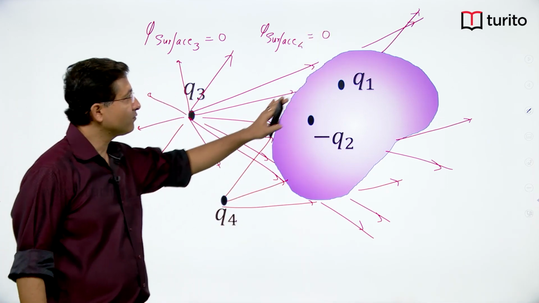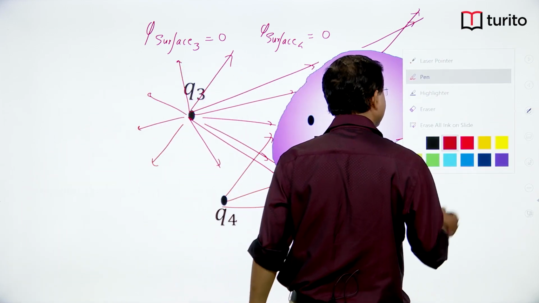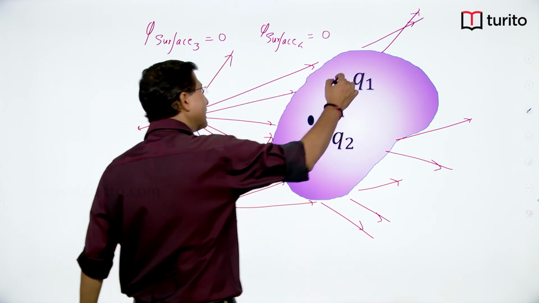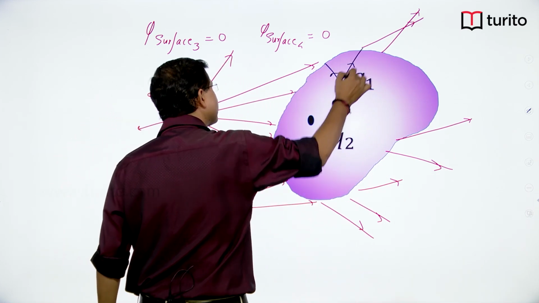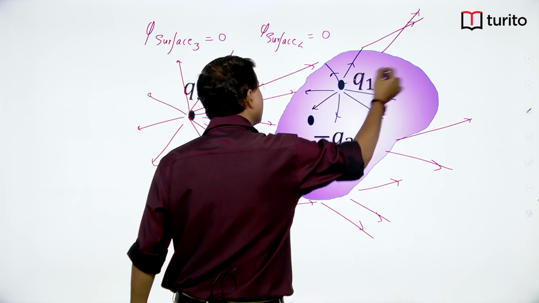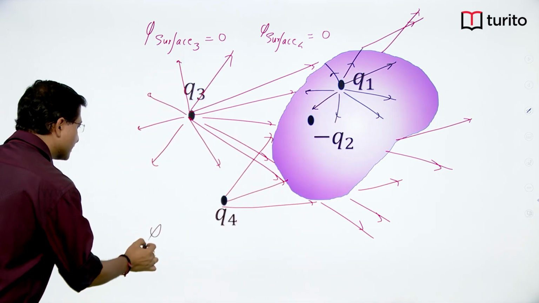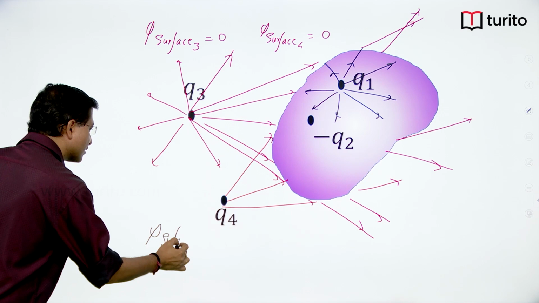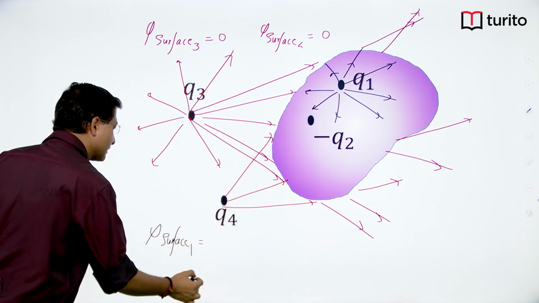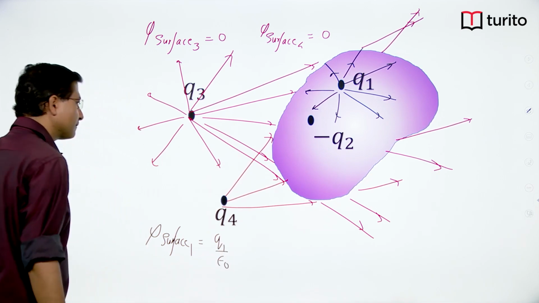Now, look at first and second. Through the first, lines will be originating and coming out, as we have just seen. Irrespective of the shape of this surface, as the charge is enclosed here, the flux associated through the surface is q 1 upon epsilon naught.